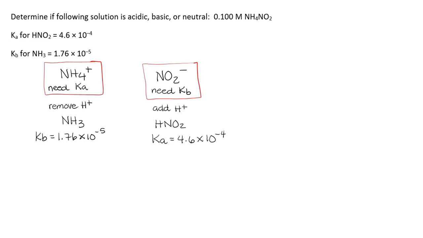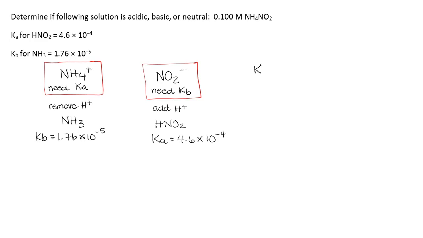The values that we have right now aren't those. We have a Kb for ammonia, but what we need is the Ka for its conjugate acid, so we'll have to calculate it. On the other side, we have a Ka for HNO2, but that's not what we need. We need a Kb for NO2-, so we'll have to calculate it.